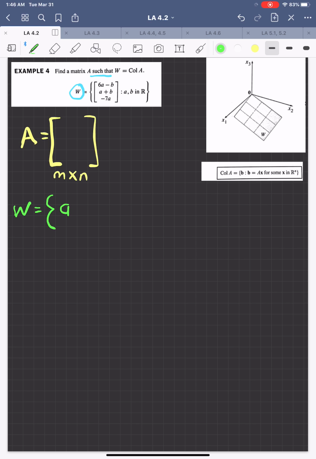Let me think of it as the vector that you would multiply by A, plus the vector that you would multiply by B, because I still want these conditions to hold: 6A minus B, A plus B, negative 7A. And of course A and B are real numbers.